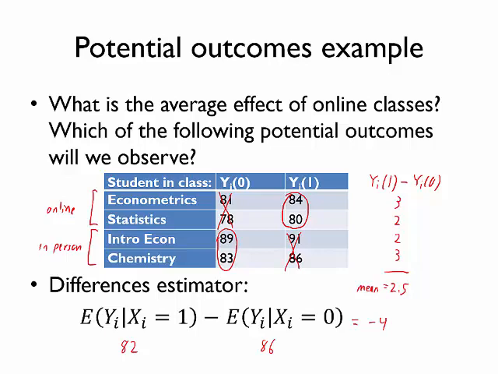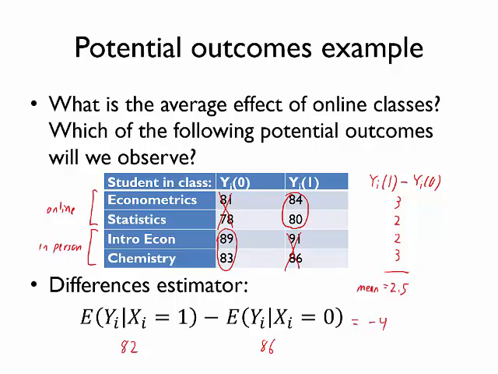And so perhaps this comparison is less than ideal. Again, we'd really like to measure what we did in this column on the right here, measuring how well each student did relative to how well they would have done in the opposite treatment. Whereas in practice, we're stuck measuring something like the differences estimator.